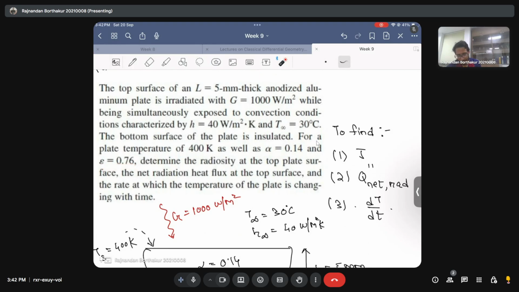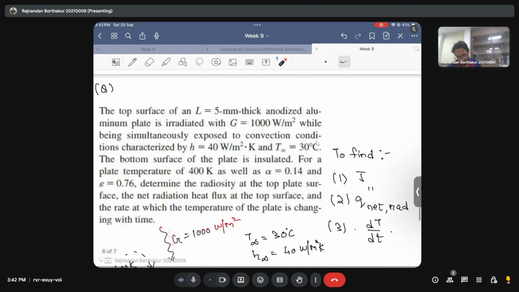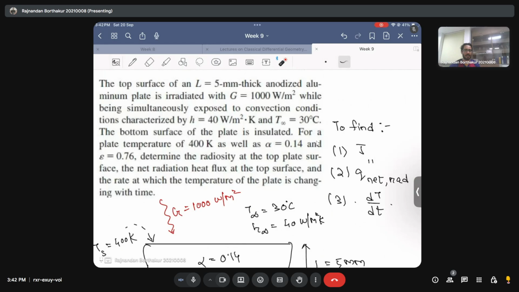The first thing they're asking is to calculate the radiosity, which we denote as J. The second thing is to calculate the net radiation heat flux at the top of the surface, so they are asking you to calculate q, the fourth flux that we defined, q net rad. Okay, these are the two things they're asking.